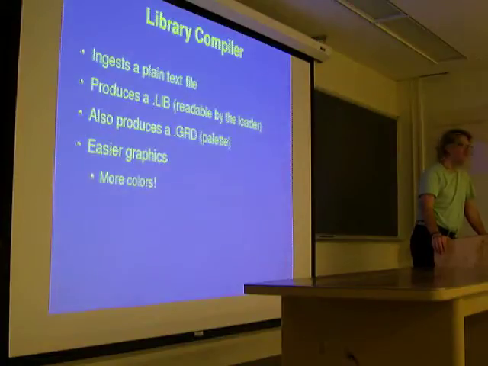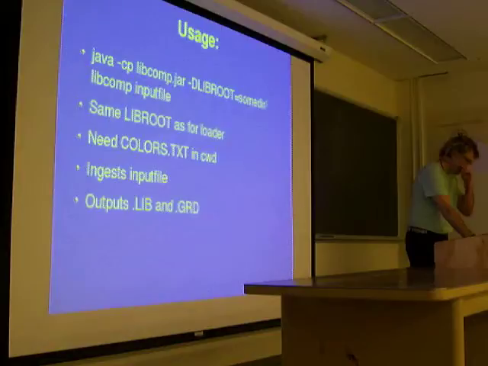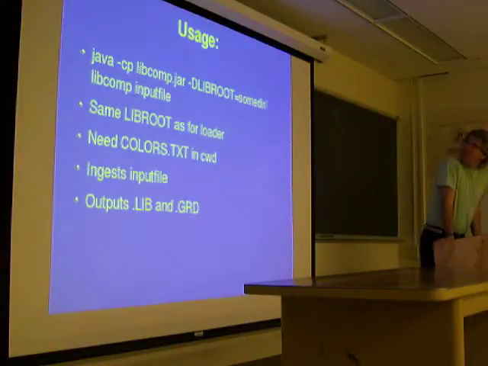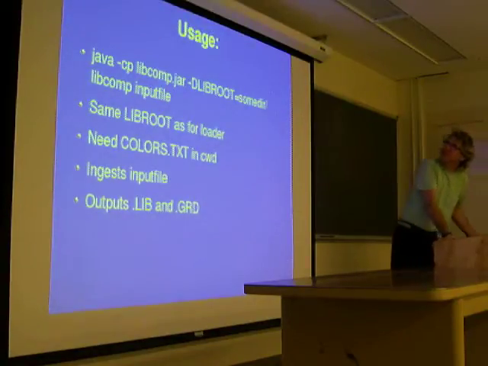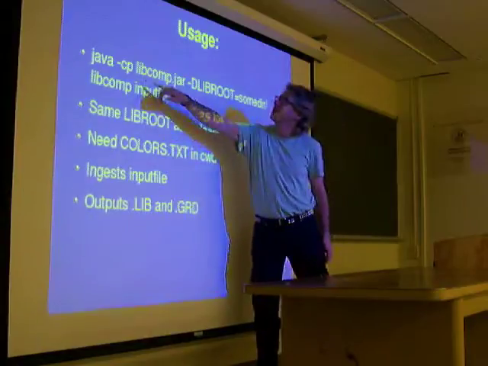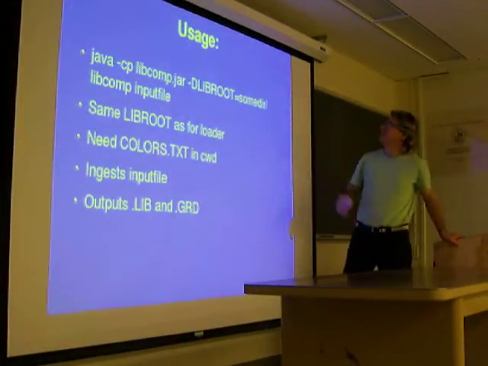I'm going to upload the pieces for this into the resources area this morning. You run it similar to how you run the loader: java -classpath. You specify the libcomp.jar file, which you can download, and then the famous -d libroot argument, which is some directory pointing to your library area, followed by a slash.